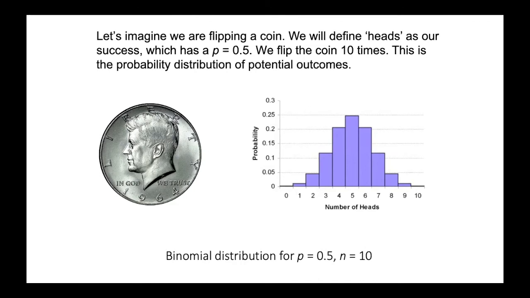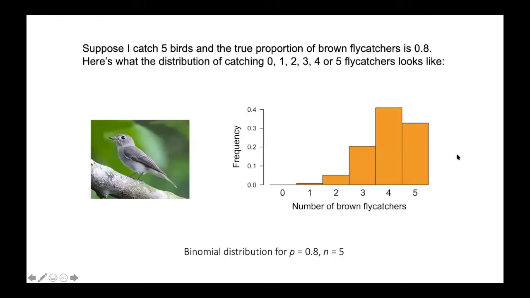Okay, so coin flipping is not a very ecological example. So what if we move to a little bit more of an ecological example? Say we were interested in the number of brown flycatchers that we are likely to get in a sample of 5 flycatchers.